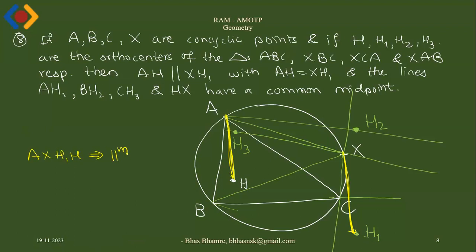Okay, before we prove it, we need to visualize. It must be a parallelogram. What does it mean? That HH1 must be parallel to AX. So if we show AXH1H is a parallelogram, then we are done.